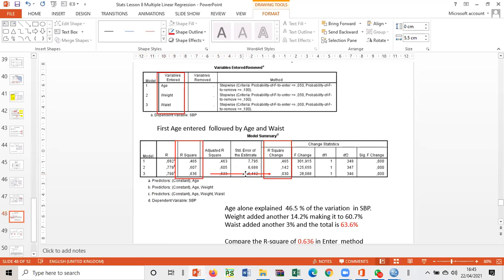Of that, 0.03 is explained by waist, 3%. So now, weight adds in another 14%. Waist adds another 3%. So total is 63.6%.